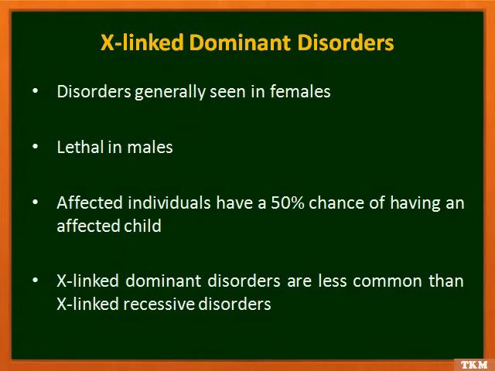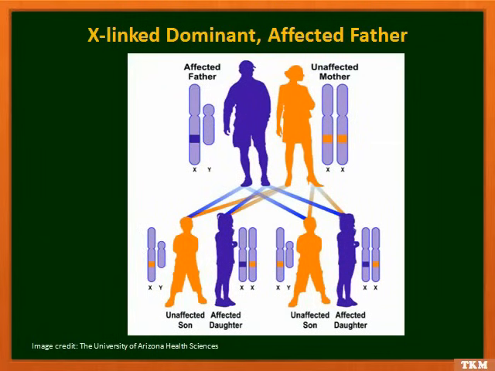X-linked dominant disorders are generally seen in females. If they occur in males, they are lethal. Affected individuals have a 50% chance of having an affected child. X-linked dominant disorders are less common than X-linked recessive disorders.